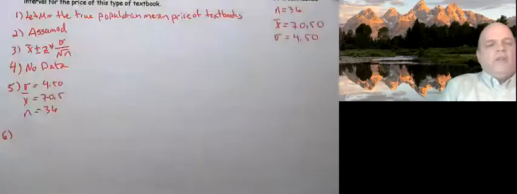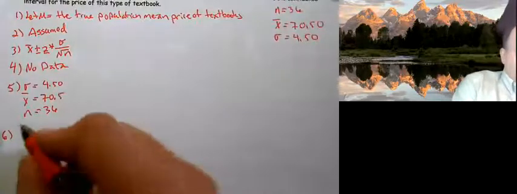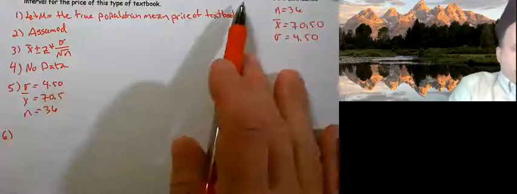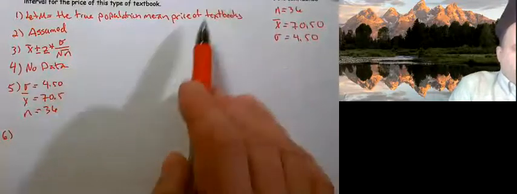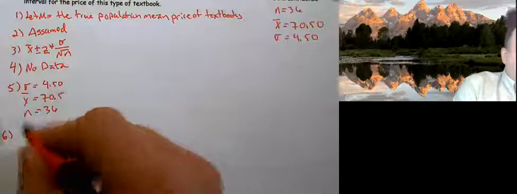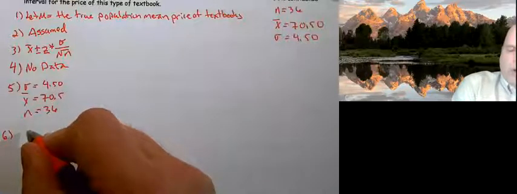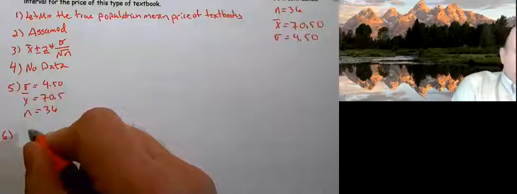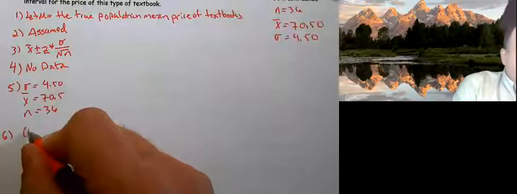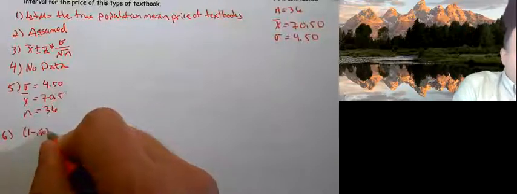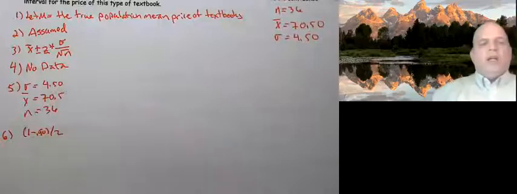All right, and calculating Z star bothers people. Well, first off, I need to identify my confidence level. And they said, hey, construct a 90% confidence level. So we're going to do 1 minus 0.9 divided by 2. This is what we're going to put in the calculator, 1 minus 0.90 divided by 2. And here's where you do that.